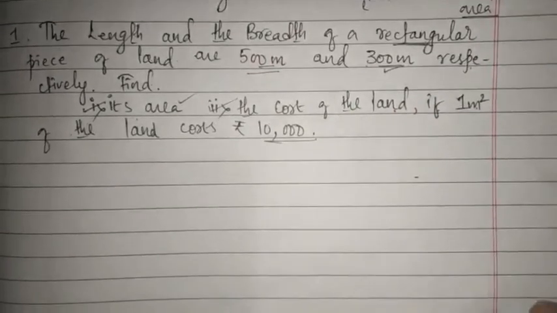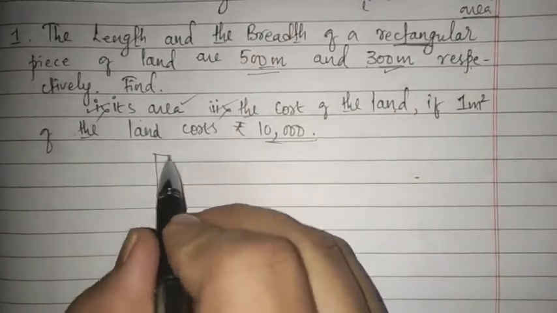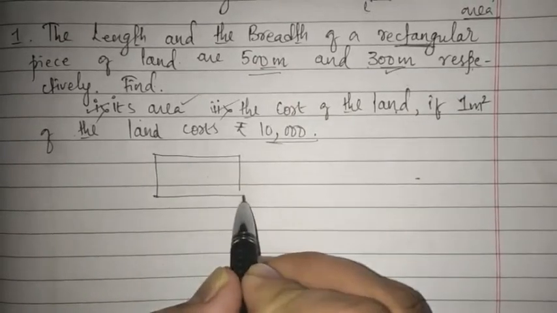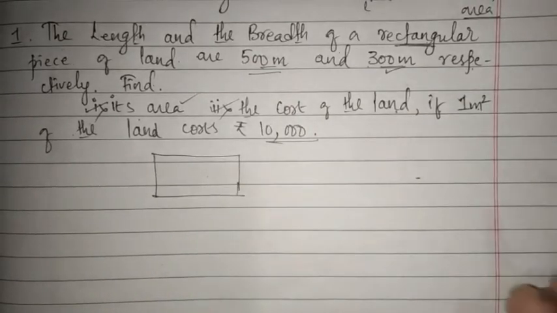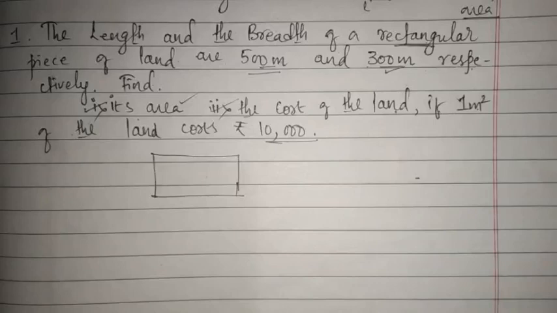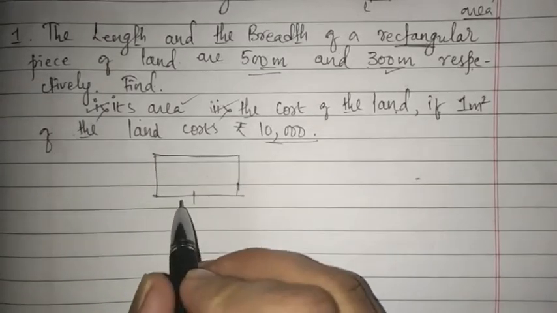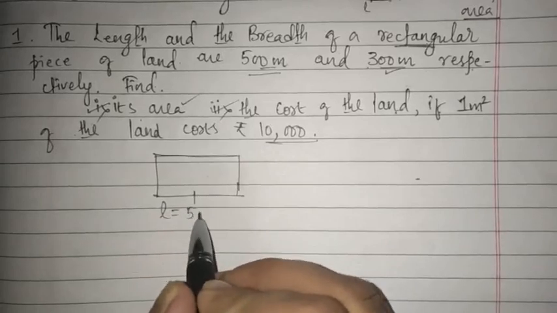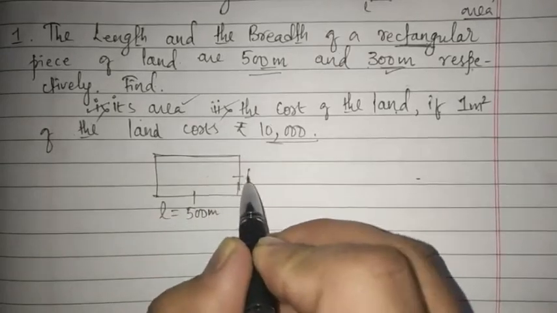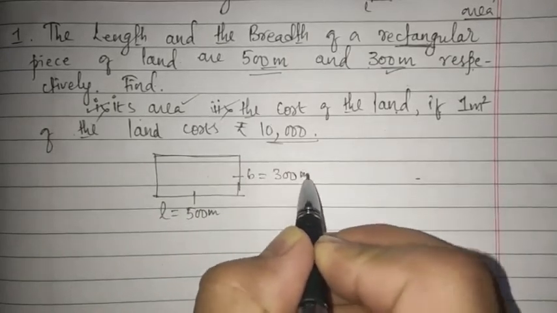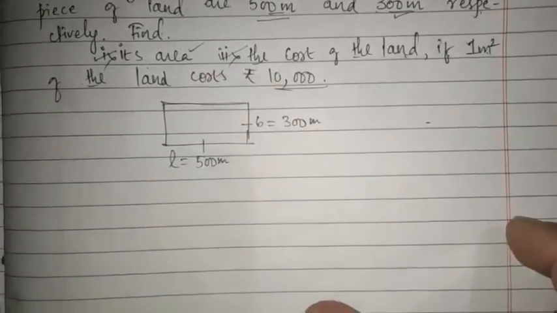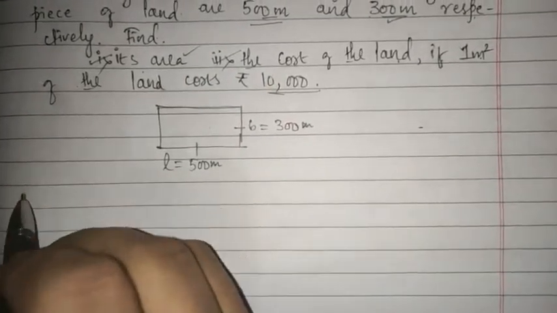Let us make a piece of land which is rectangular in shape. Sorry for the diagram, which is not a very proper one. Still, this is the length, which is 500 meter, and this side is the breadth, which is 300 meter. I hope you are understanding the terms length and breadth.